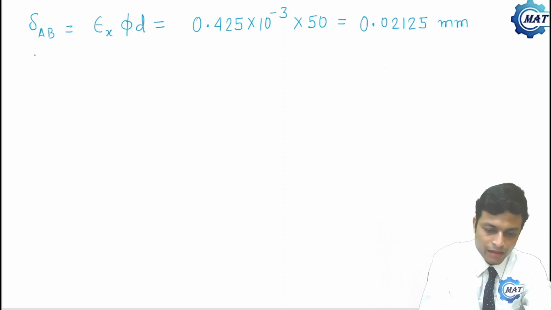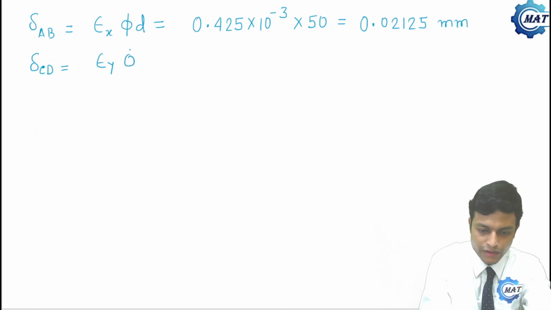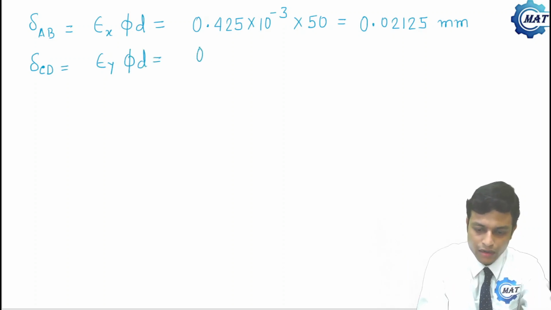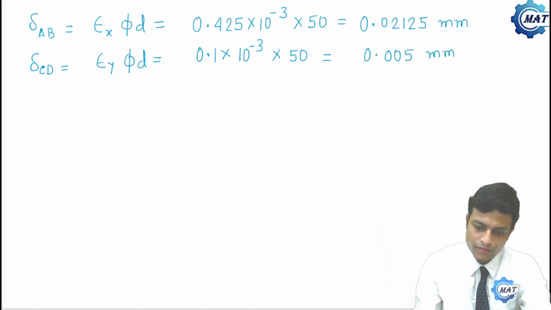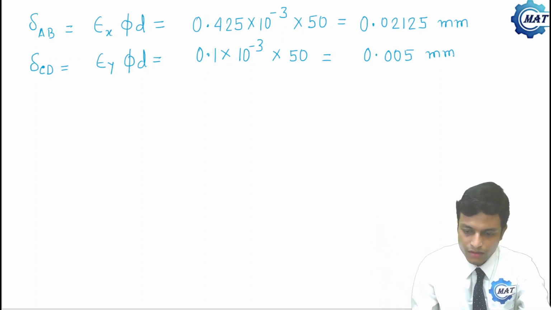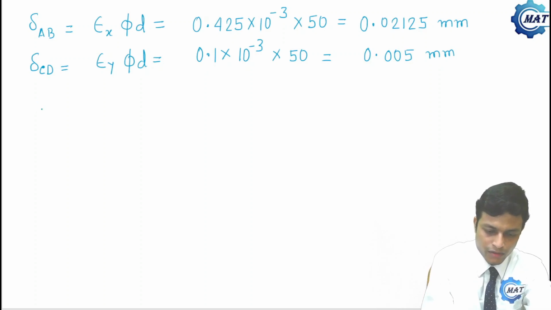Now the change in diameter of CD: CD is along y direction, so epsilon y into d, that is 0.1 into 10 to the power minus 3 into 50, that is 0.005 mm.